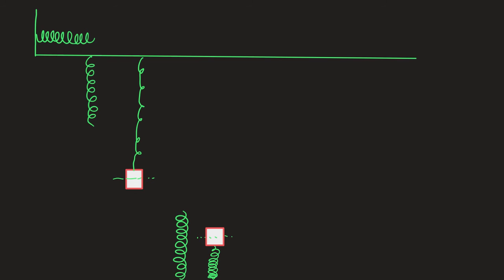Now, in either case, the spring is applying a force to the object. I think we can probably identify that here it's like a tension, right? It's pulling on the object, and here it's like a normal force because it's pulling up on an object. That's what springs do. They can apply tension. They can apply a normal force. They can be used in either case.